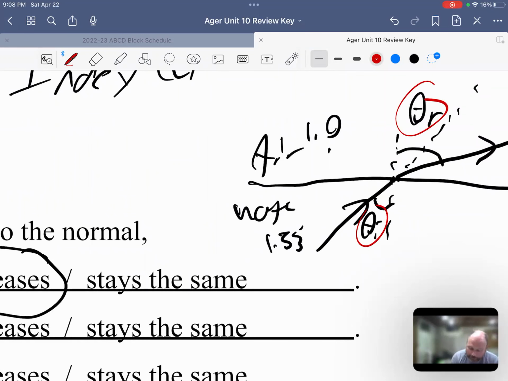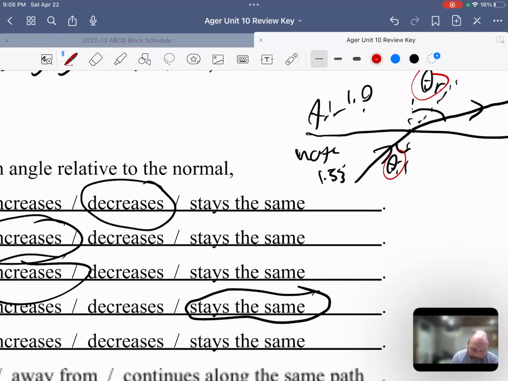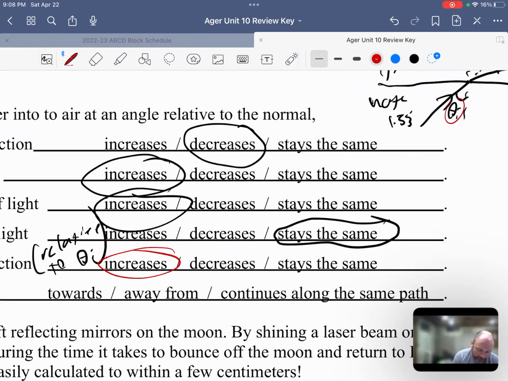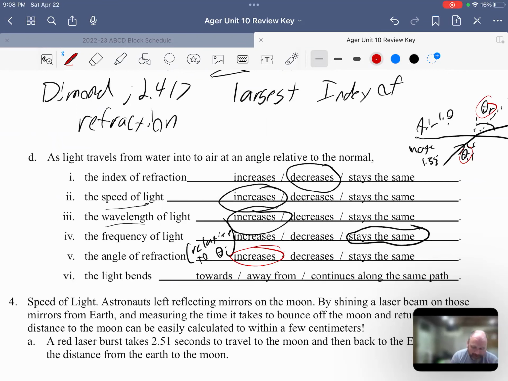And in this case, the refracted angle is bigger than the incident angle. And so that's why we say that is going to increase there. But really, there's only one angle of refraction there. So does it get bigger, smaller? That's kind of a weird question. But relative to the incoming angle, the refracted angle is bigger. And that's what it's asking there. And then again, we say the light bends away from the normal because it's getting bigger.